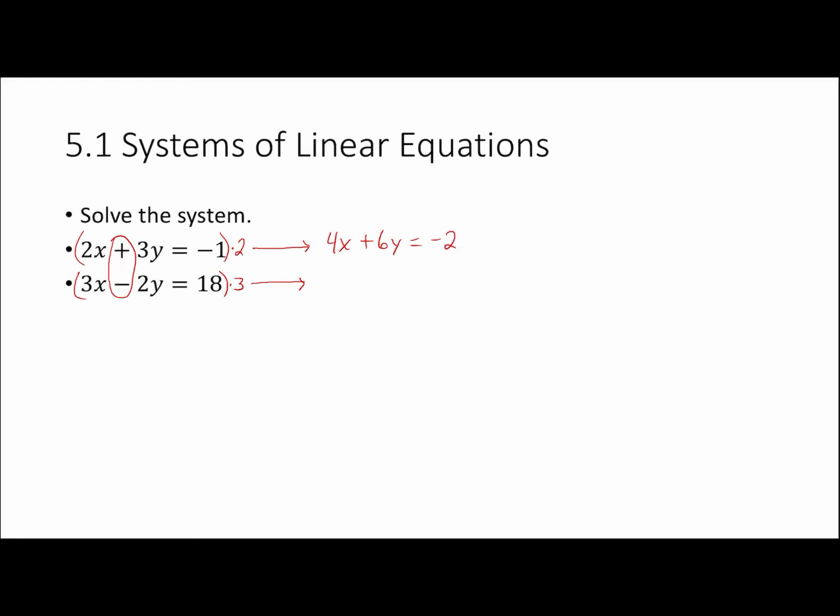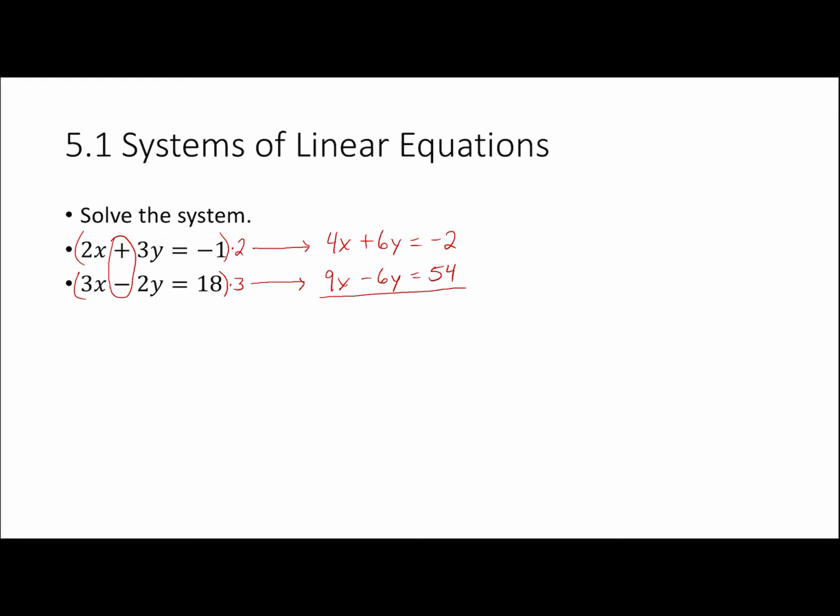And then on the bottom equation, we're going to do the same thing. We're going to multiply by 3, and we're going to get 9x minus 6y. And then 18 times 3 is 54. And so now I can take those two equations and add them together.